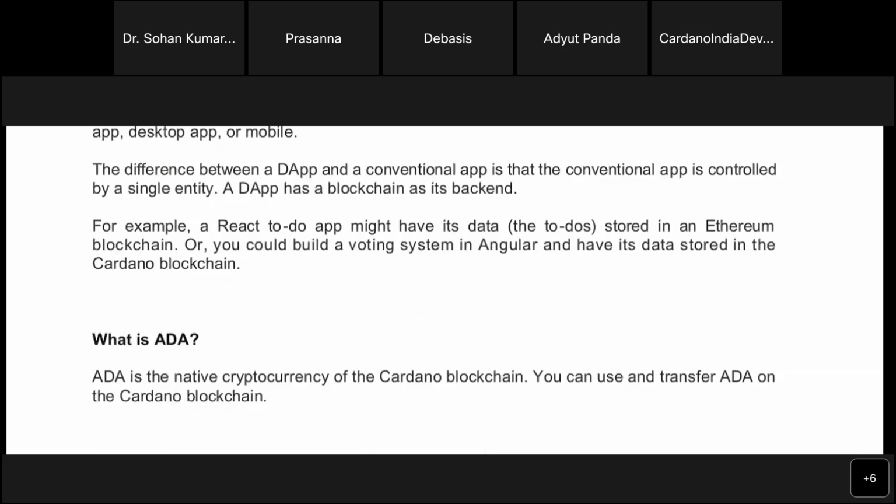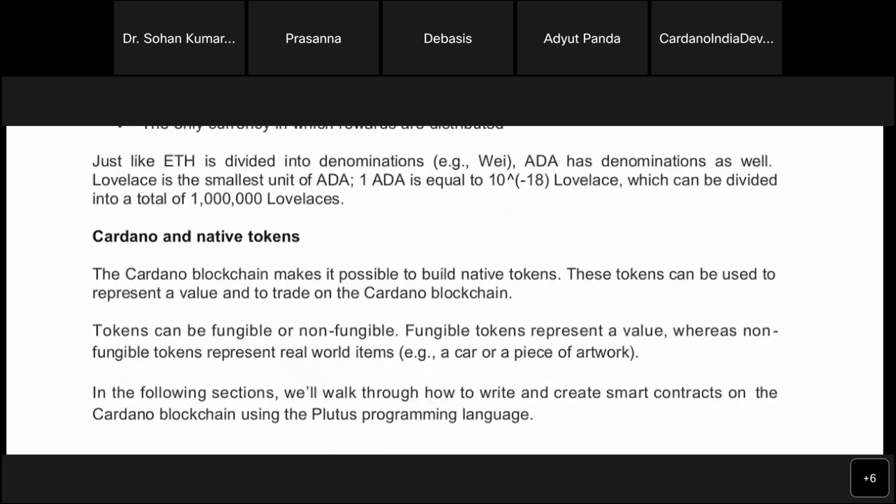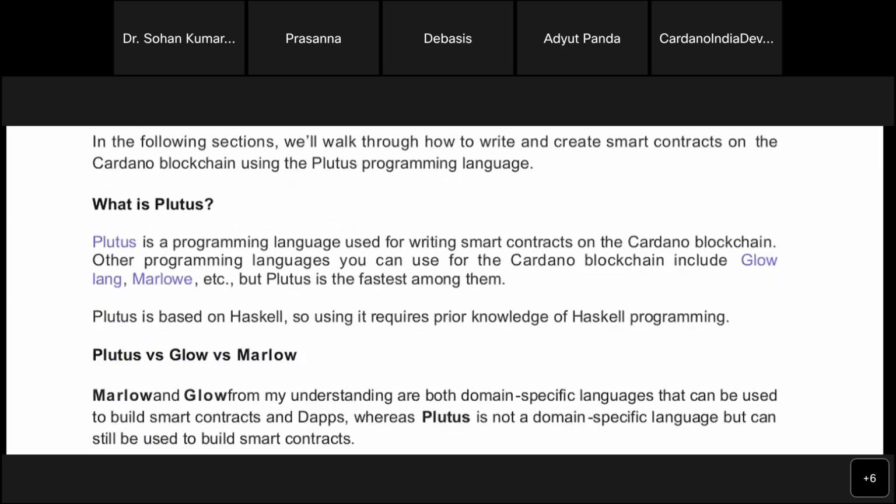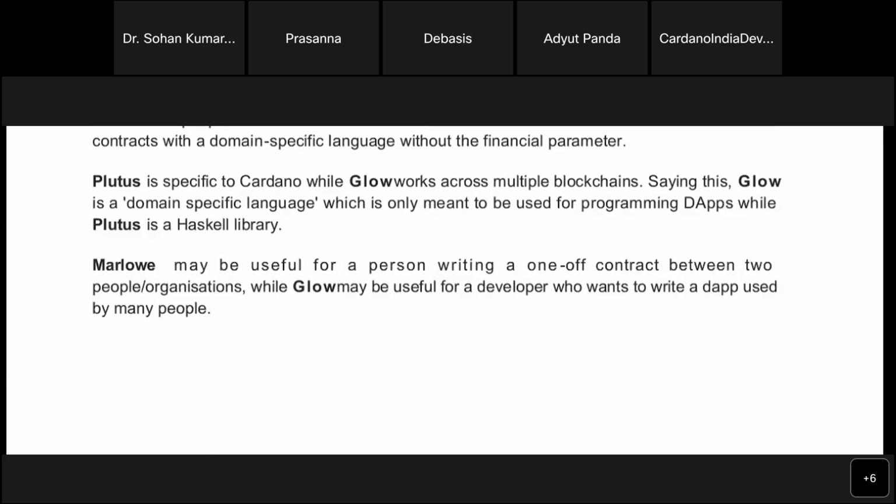Those nodes compete with each other, and the node which is more capable, more powerful and more efficient solves the problem very fast and gets the chance to write it into the blockchain.